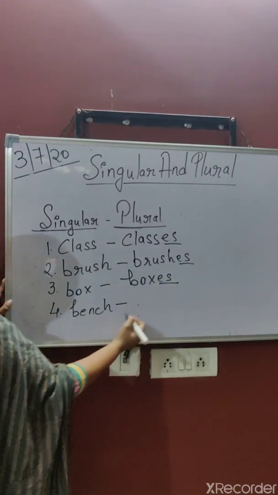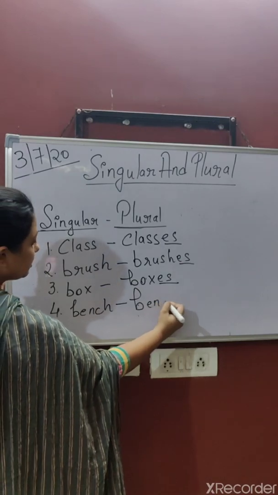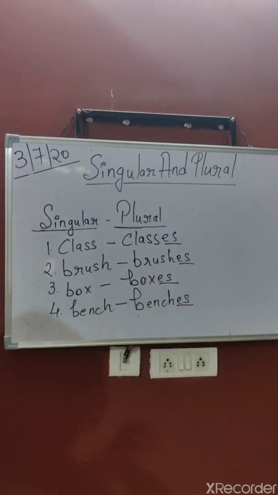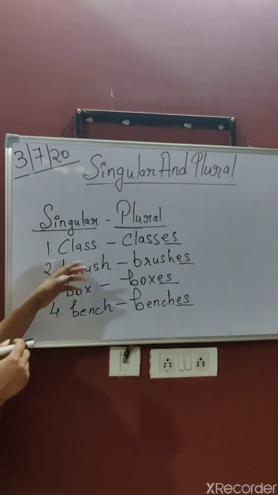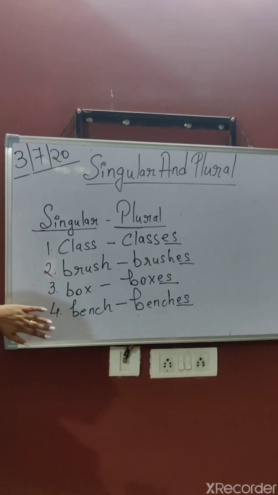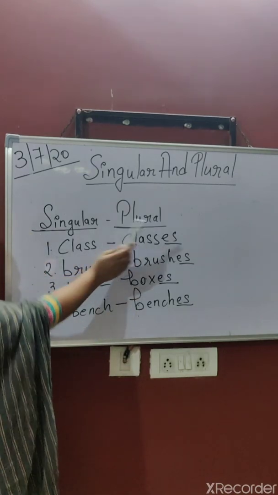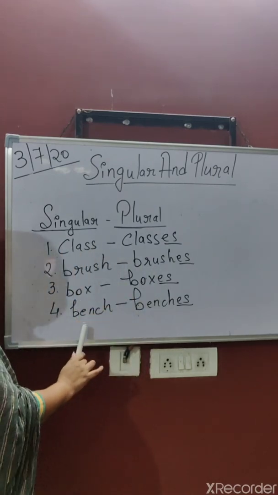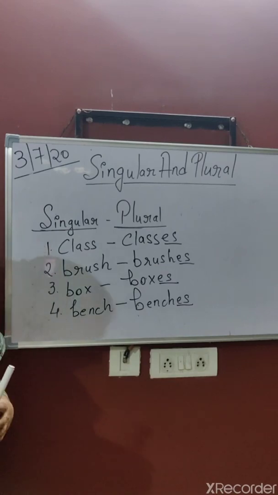Number 4, bench, benches, E-S. So as you can see, I just added es into the singular form of these words, right? Class, classes, brush, brushes, box, boxes, bench, benches.